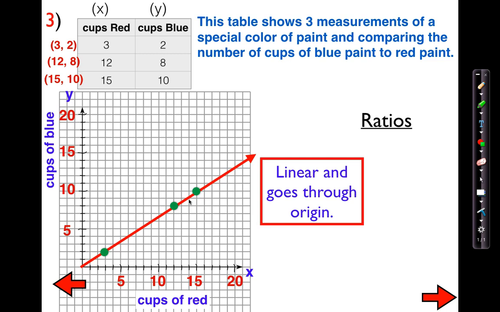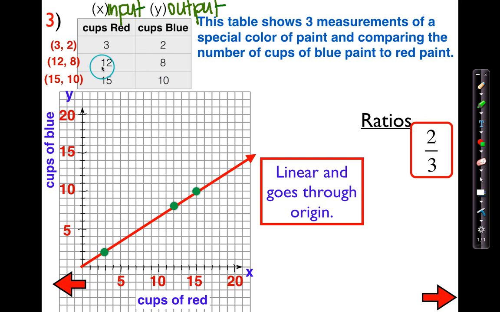One popular way would be to check the ratios. So let's do that. Ratios should be written as output over input. So we're going to do output, by the way, just a friendly reminder, that's going to be your y, and input is going to be your x. So here it's going to be 2 over 3, which is just 2 over 3.